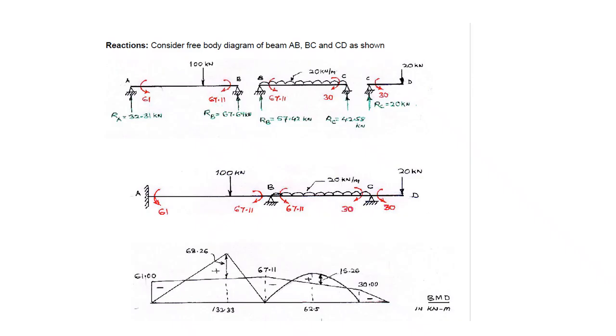This is the free end, so the moment is 0. Knowing the span moments, the end moment is 61, this is 67.11, and this is 62.55. So you can get the remaining values, and finally you get the net bending moment, which is shown in the diagram.